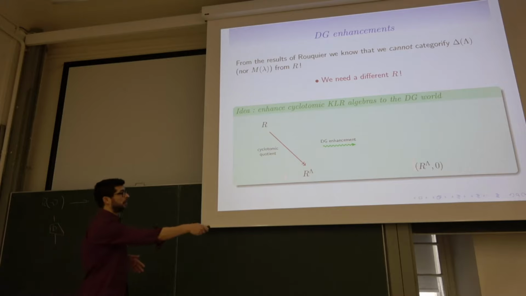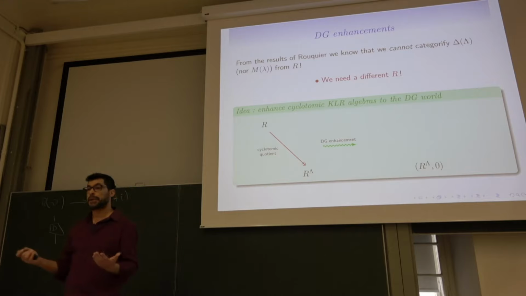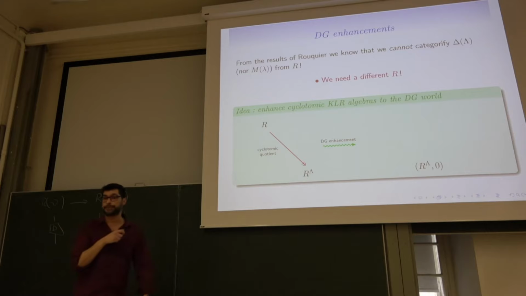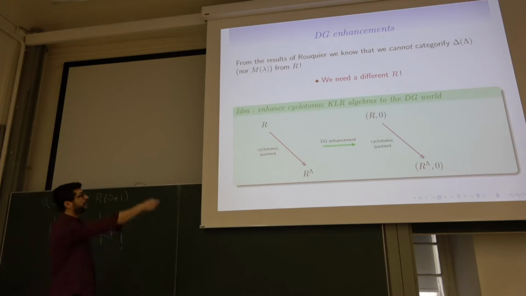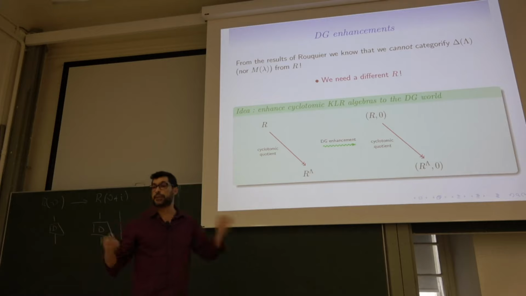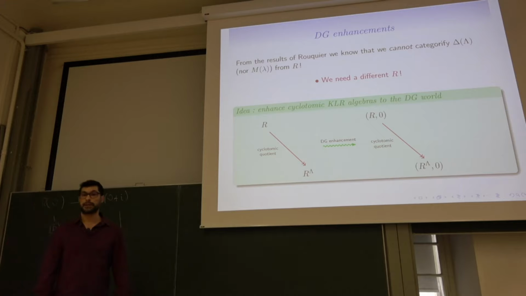Although this is basically the same, conceptually these two objects are not the same. This is an algebra, this is a DG algebra. And now what you can do? Well, do the same to the KLR algebra: a DG algebra with zero differential. So in practice, we didn't do anything, but we changed the framework. We're not working in the same framework anymore.